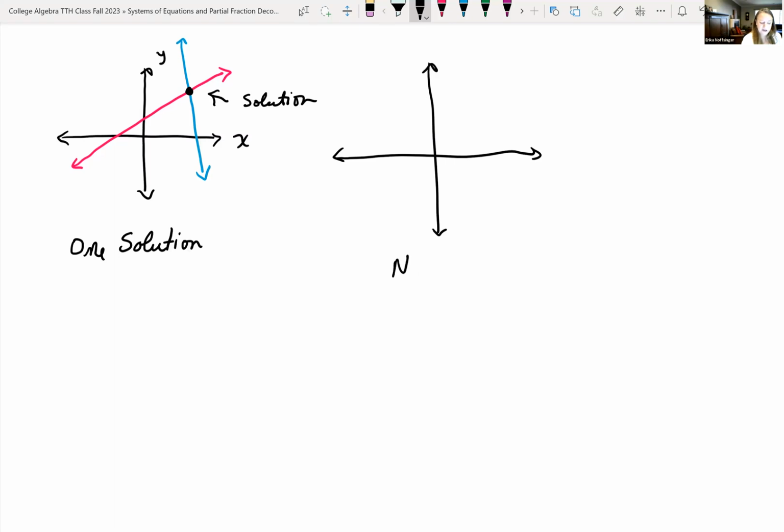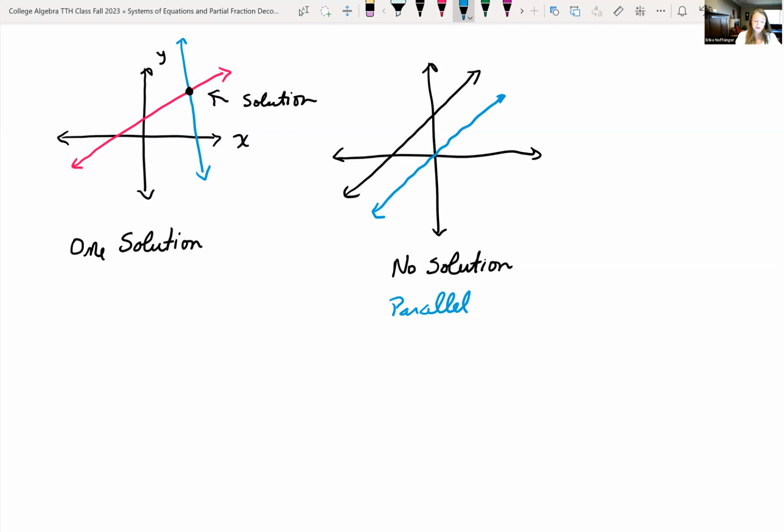If you have no solutions, when you graph those two lines, you have parallel lines. We might have a line that looks like this and a line that looks like this. Parallel lines, recall, have the same slope. They just can't have the same y-intercept. So same slope, but different y-intercepts.